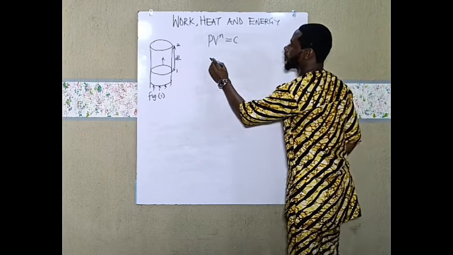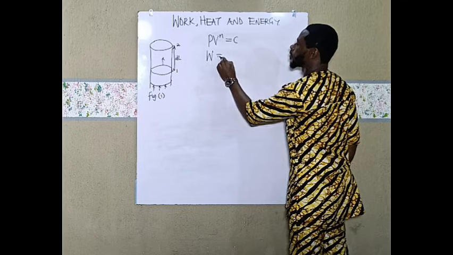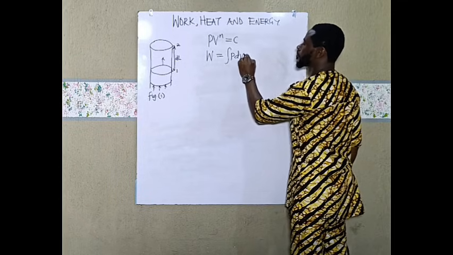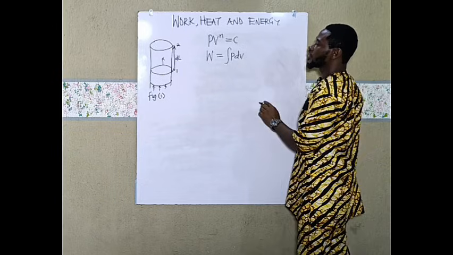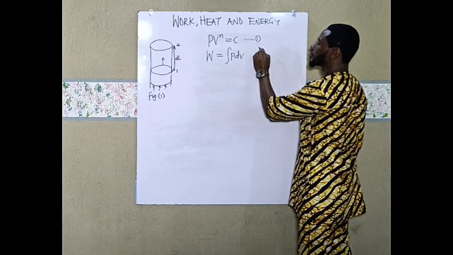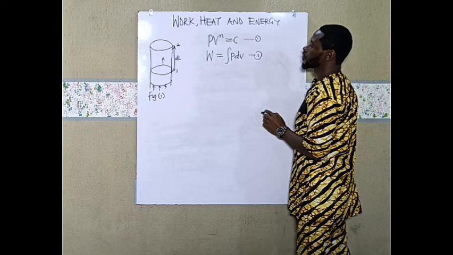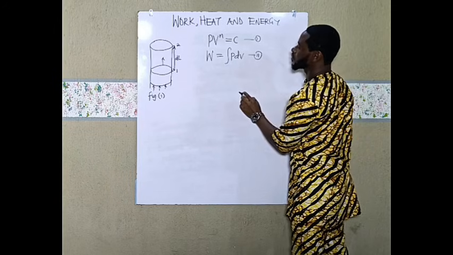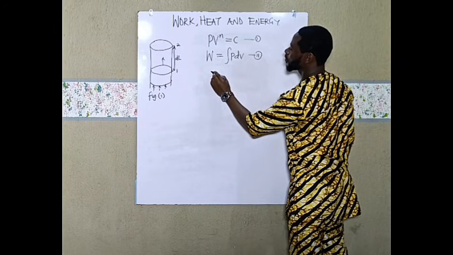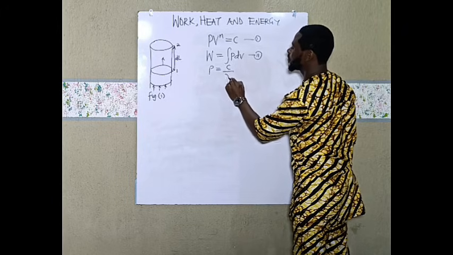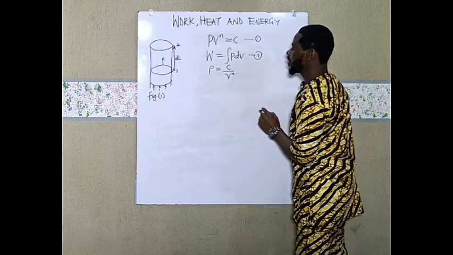In this case, from equation 1, we make P the subject of the formula. When we make P the subject of the formula in equation 1, it becomes P equals C over V raised to the power of n.